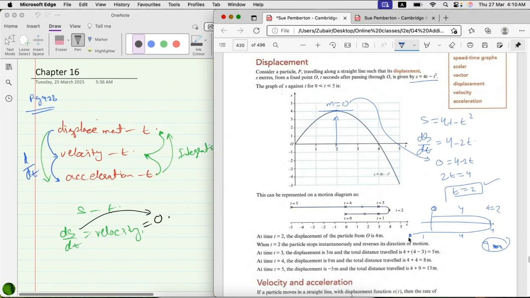At time 0, it is at 0. At time 2, it is at 4, on the y axis. So until time 2, it has traveled 4 meters already. At time 4, the displacement is 0, so that means it is at the starting point.